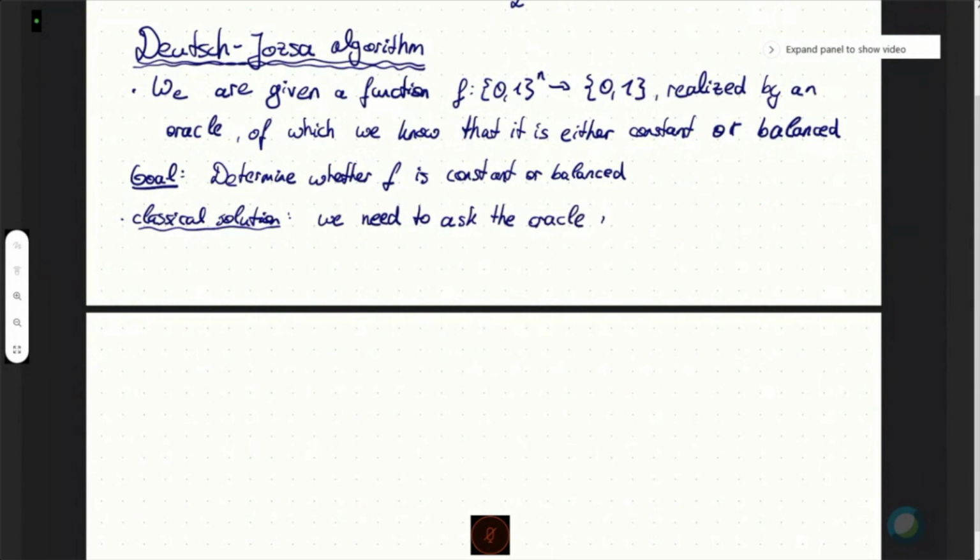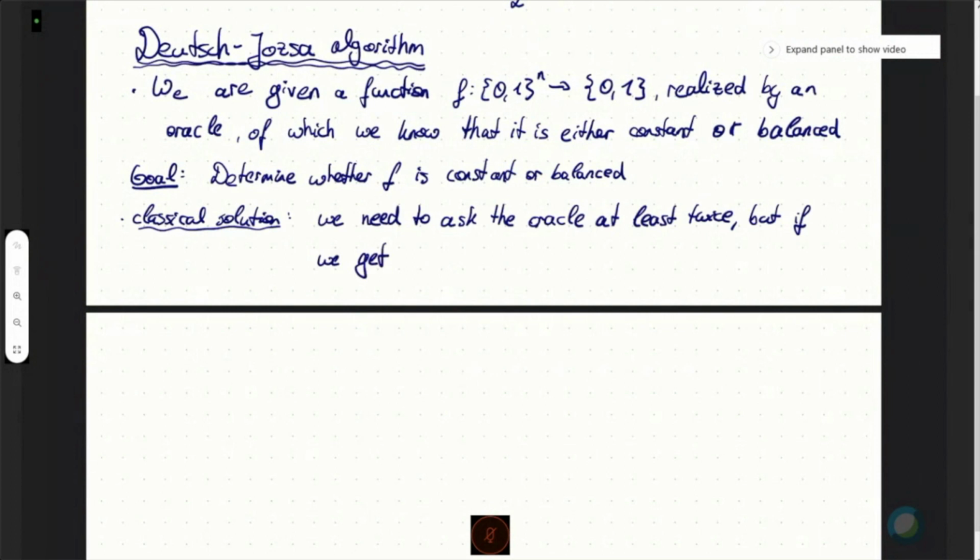That cannot be constant. However, we might also get the same output twice, in which case we don't yet know whether it's constant or balanced, because we might just be unlucky and it's actually balanced, but we just get the same output a couple of times. So we then would need to ask it again.